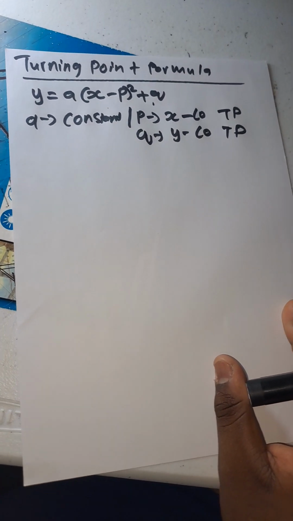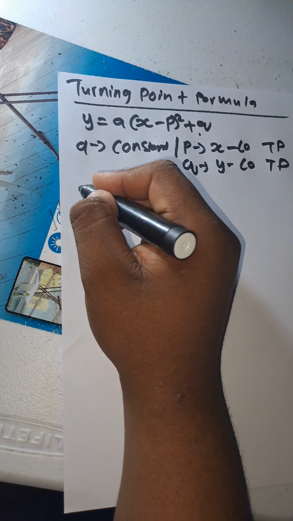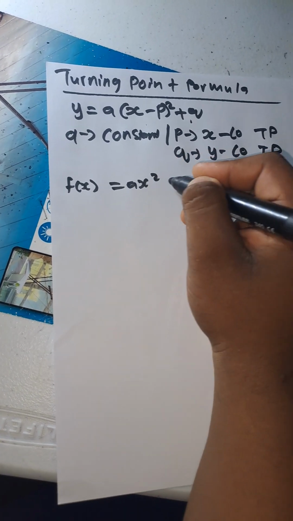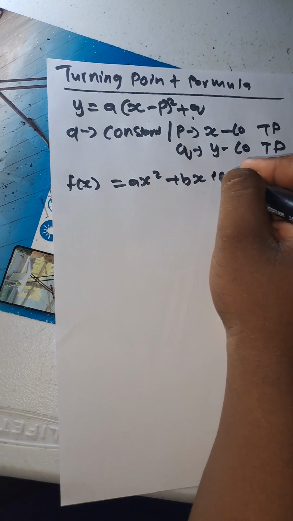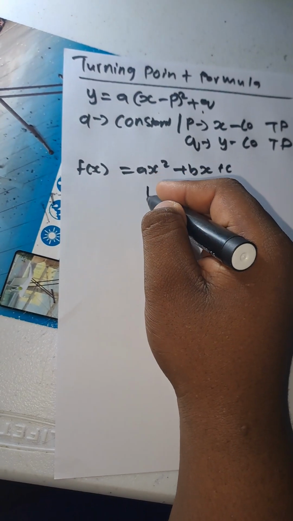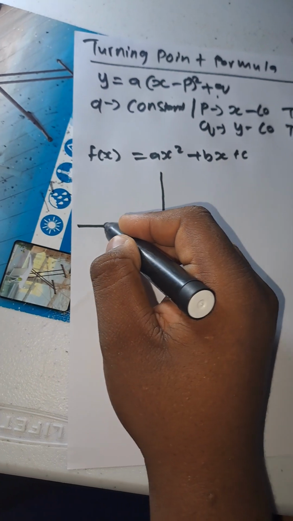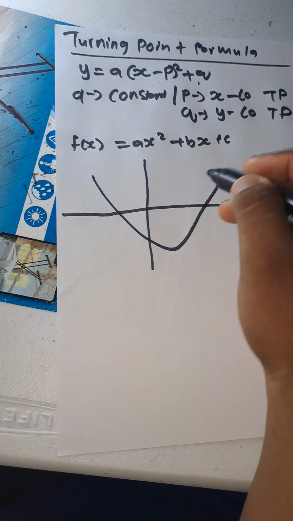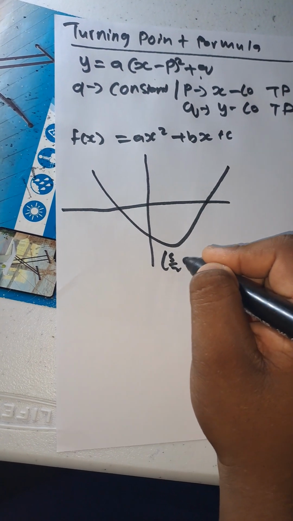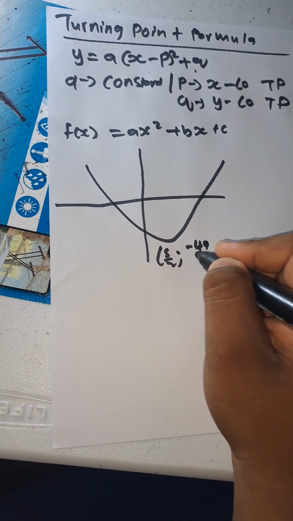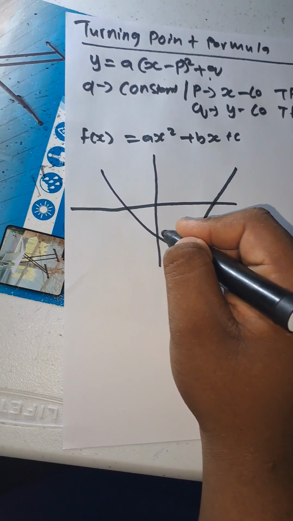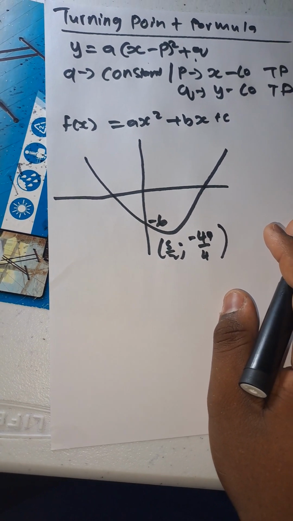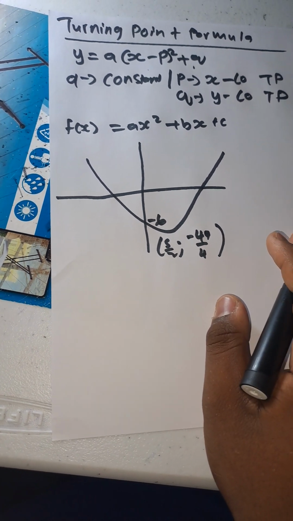Okay, so it's gonna be like this: given f of x equals ax squared plus bx plus c, just the way I did it that time. And here I have my 5/2 and -49/4, and I know what line is -6 on it. And then let's continue. They are now saying to find the equation.